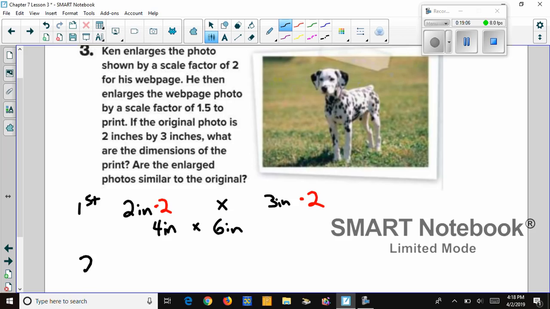The second thing he did is after he put it on the web page like that, he took the photo one more time and enlarged it by a scale factor of 1.5. So I'm going to take the 4 inches by the 6 inches, and now I'm going to multiply that by 1.5.